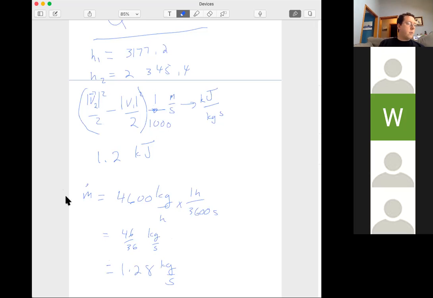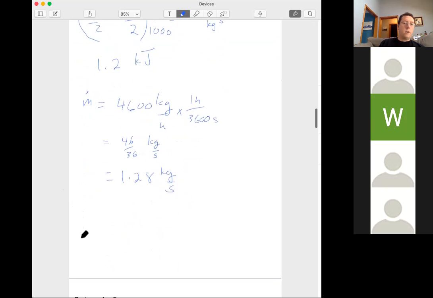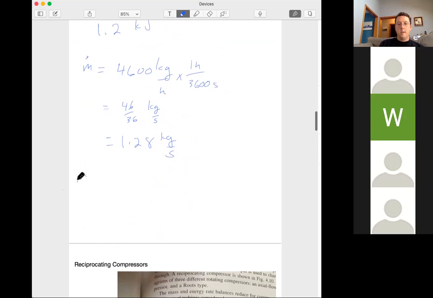Then did you account for the 1,000 kilowatts of work being provided? When I pull it all together, Q dot should equal W dot plus m dot times H2 minus H1, the change in enthalpies, and then I also have the change in kinetic energy terms.